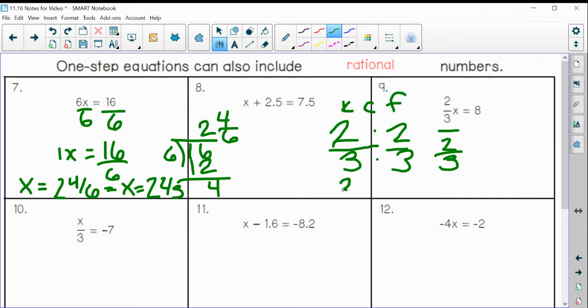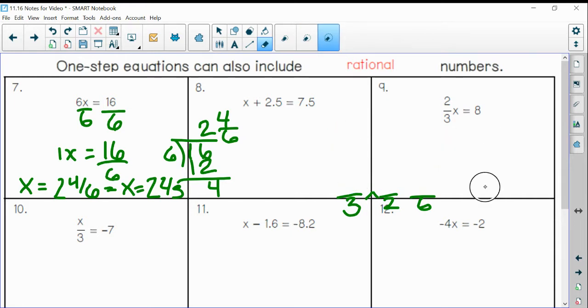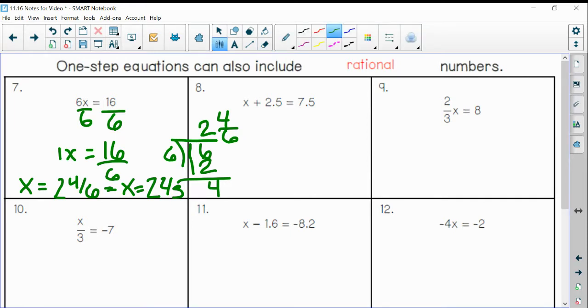That first fraction stays the same. You change the division to multiplication and you flip that second fraction. So what I see is that 2 times 3 is 6 and 3 times 2 is 6. We know this because they're the same but opposite. 6 over 6 is 1, so it cancels and it's just x. What I notice is that all I have to do in order to divide by a fraction is multiply by the reciprocal.